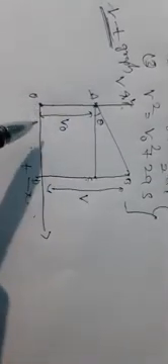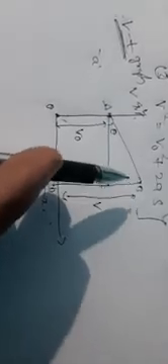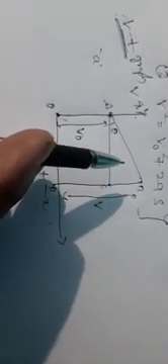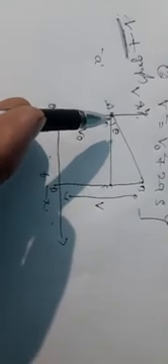First, consider the body moving with the initial velocity v naught. O is the initial position. The body is subjected to uniform acceleration, small a. What is the meaning of acceleration? The rate of change of velocity is called acceleration.